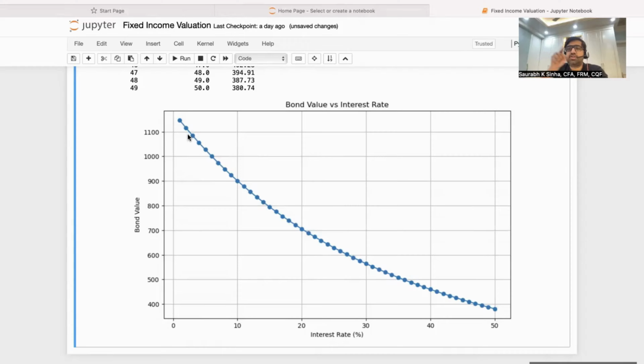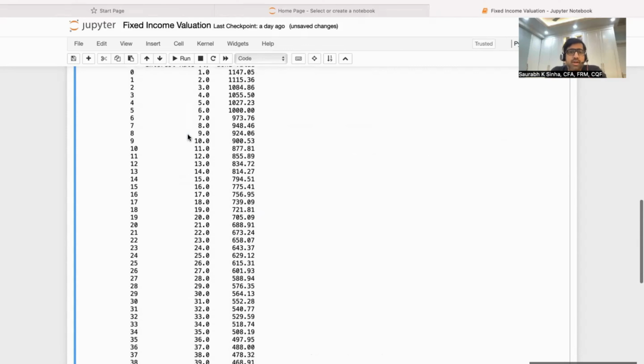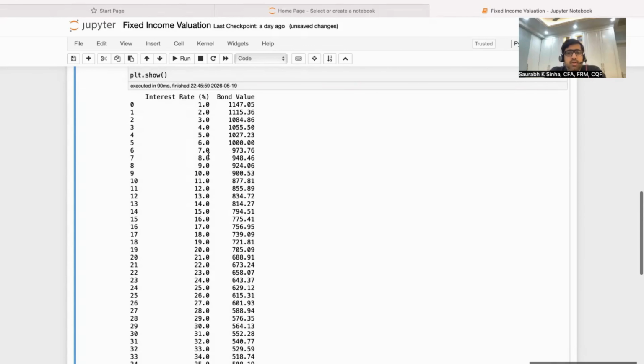We saw that at 6%, the value of the bond came as 1000. But for 5%, it was 1027.23. The rise was 27.23 and the fall was 26 something. Definitely it is lesser than 27.23. So the rise is always greater than the fall.